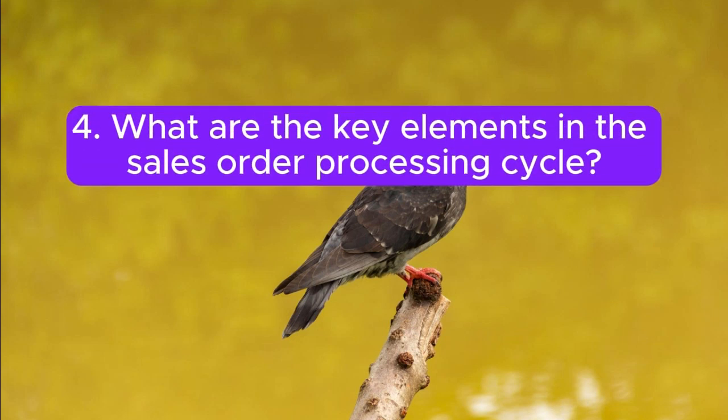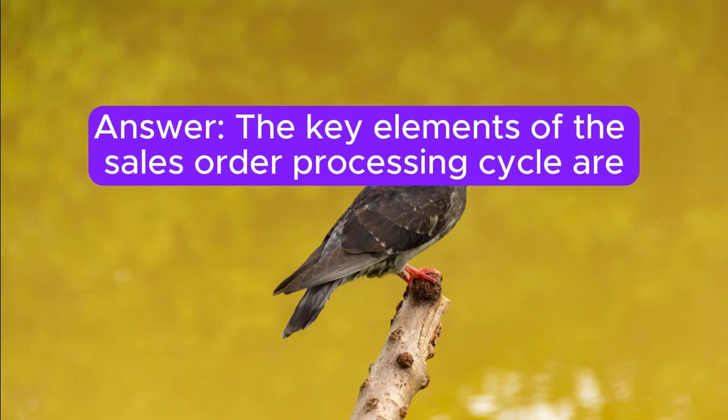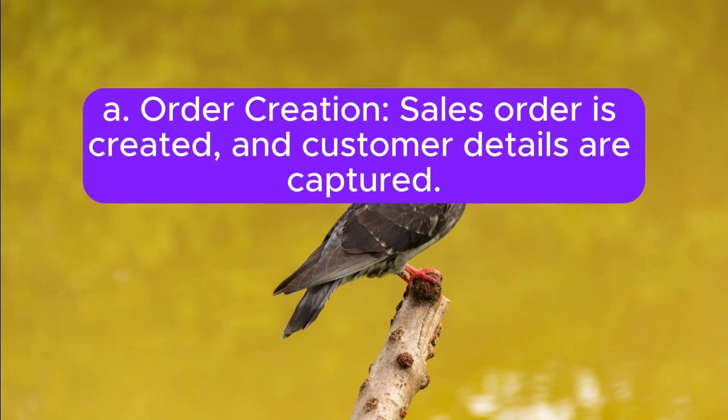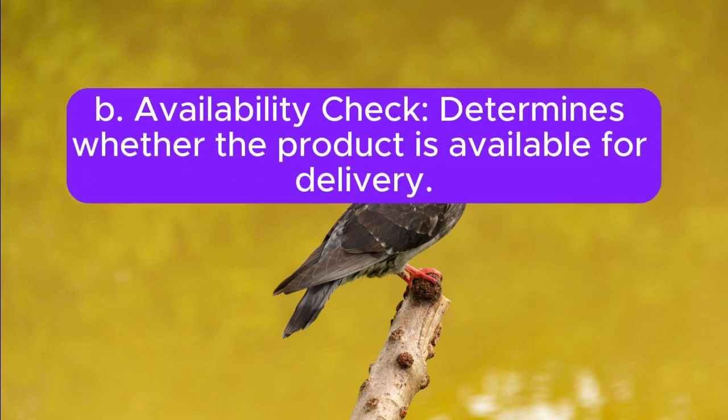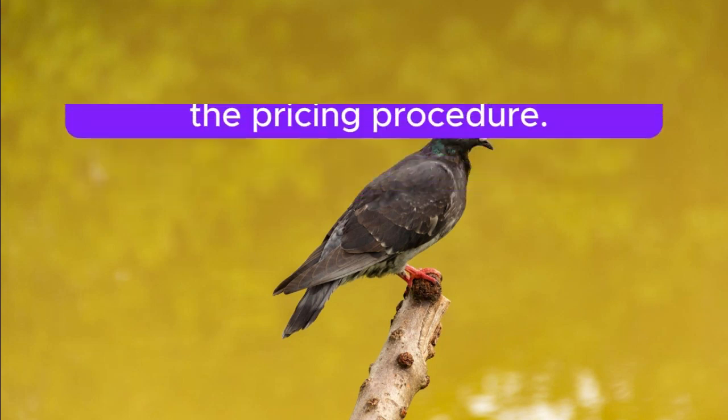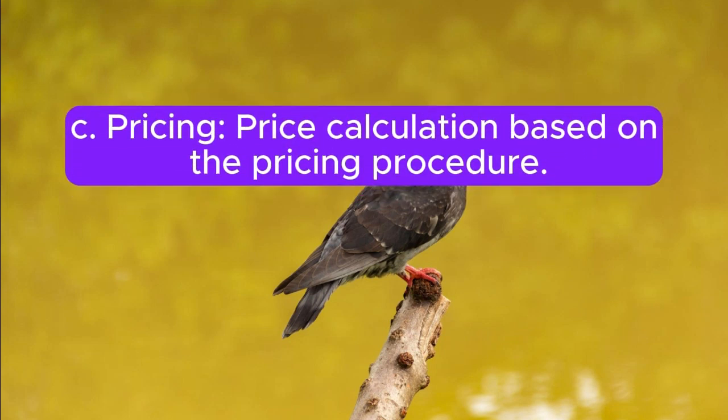4. What are the key elements in the sales order processing cycle? Answer. The key elements of the sales order processing cycle are: A. Order creation, the sales order is created and customer details are captured. B. Availability check, determines whether the product is available for delivery. C. Pricing, price calculation based on the pricing procedure.